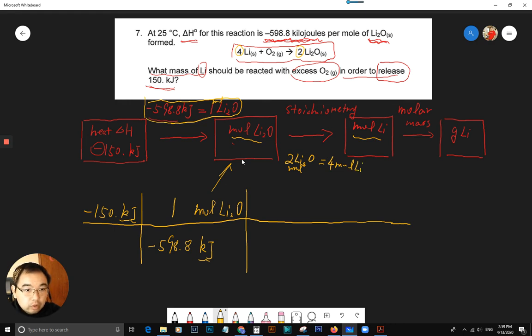Okay, so we put the mole of the lithium oxide on the bottom and got the mole of the lithium on the top because we're looking for the mole of the lithium. So we have a 4 mole of lithium, we have a 2 mole of lithium oxide. Okay, so once we done this part, we already got the mole of the lithium. Okay, then the next part is we figure out the mass of the lithium.